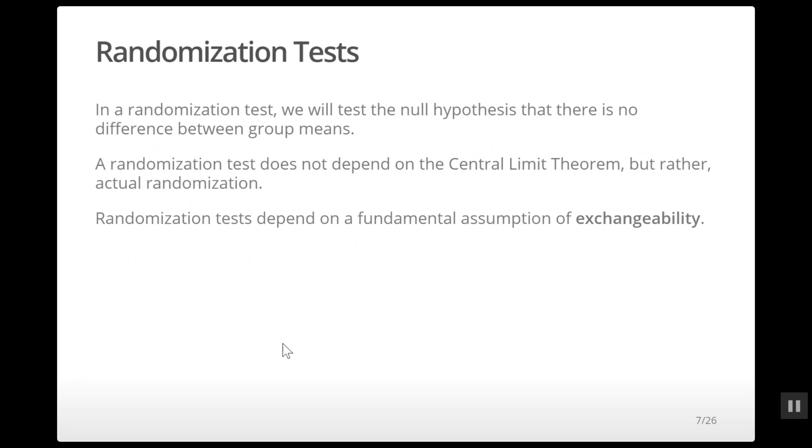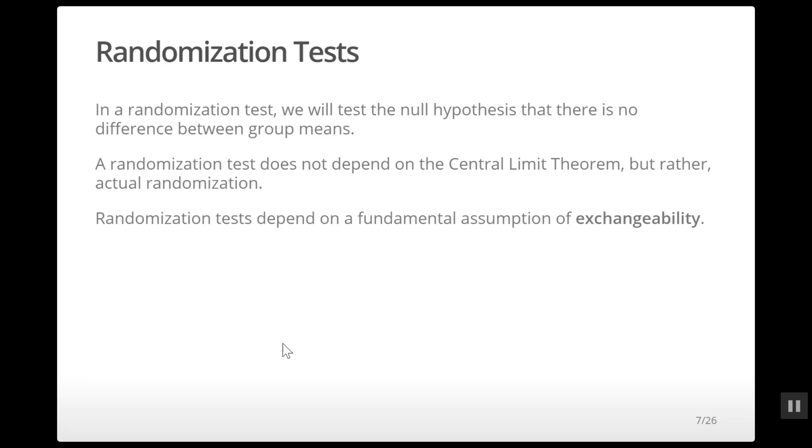Today we're going to take a look at randomization tests. Right? And in a randomization test, it's still a hypothesis test. We've got the null hypothesis that there's no difference between group means, or maybe no difference in group proportions, something like that.